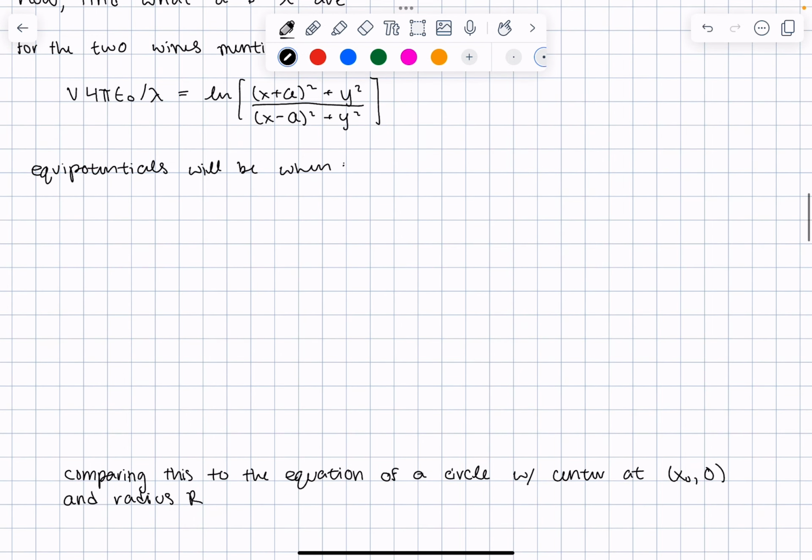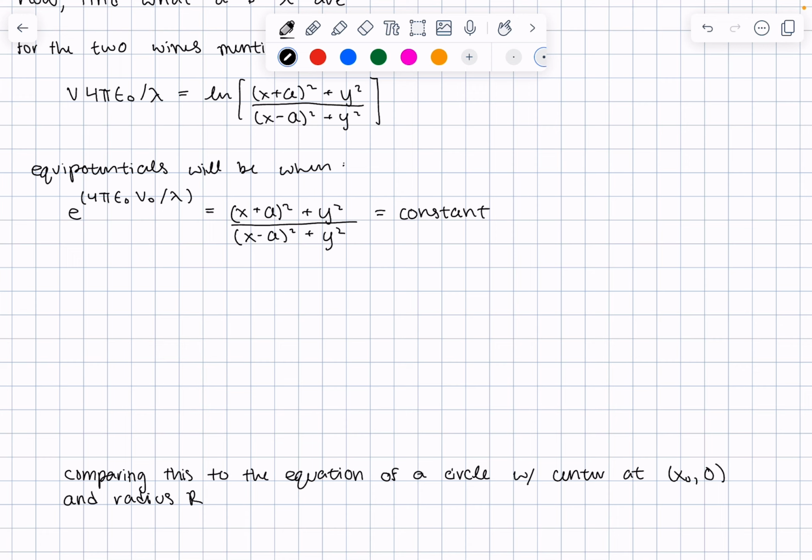This is helpful because now we can say that our equipotentials will be when we have e to the 4 pi epsilon naught V naught over lambda is equal to x plus a squared plus y squared over x minus a squared plus y squared, and when these are both a constant, which we can call k.